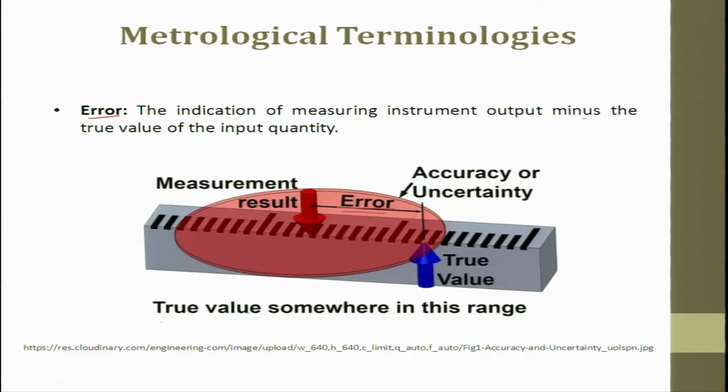It is otherwise called accuracy or uncertainty. So we get data here, this is the true value, and here is the error we get.